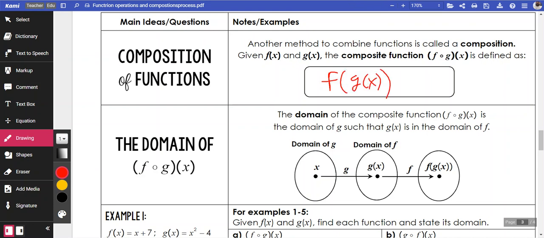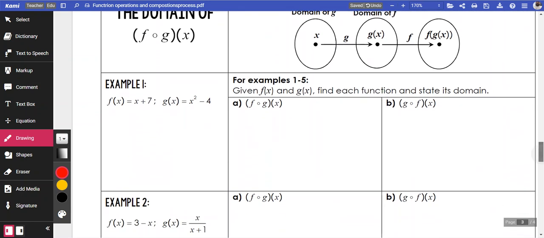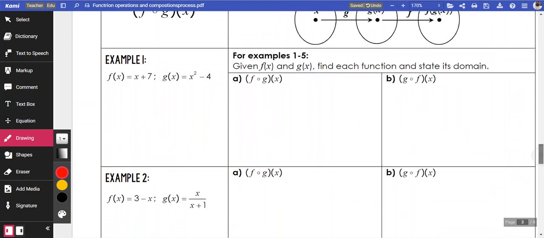It's a machine inside of a machine, so I like to say you start from the inside out. And when you talk about the domain of a composition of functions, it's basically the input of the other guy's output. So you just have to play around a little bit. It's better to do a couple of examples and see how it works.